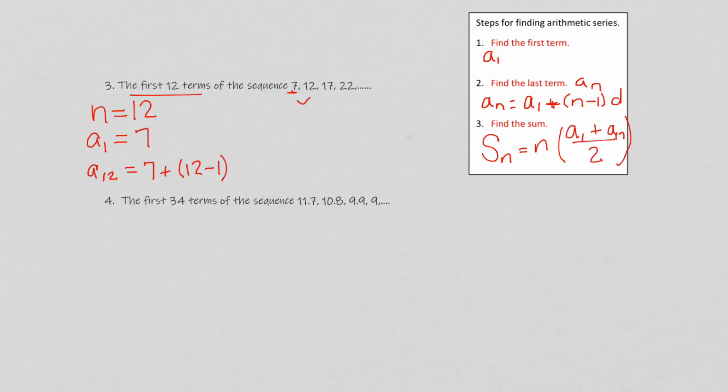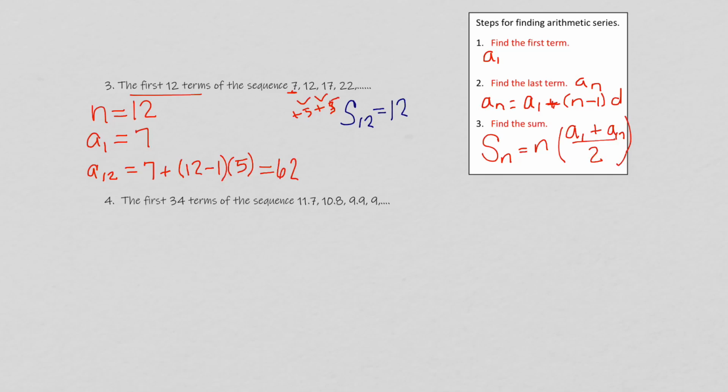So 7 to 12 goes up by 5. 12 to 17 goes up by 5. Remember, this is arithmetic, so once I know I have the right number it's being added by, I can kind of quit. And then I would work this out, so this would be 7 plus 11 times 5, which would end up being 62.